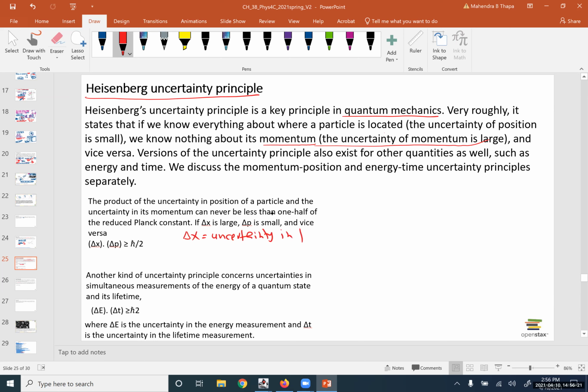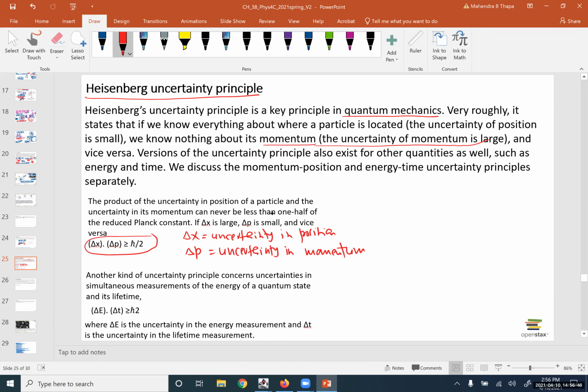So we cannot figure out both quantities exactly at the same time. This is called the Heisenberg uncertainty principle.